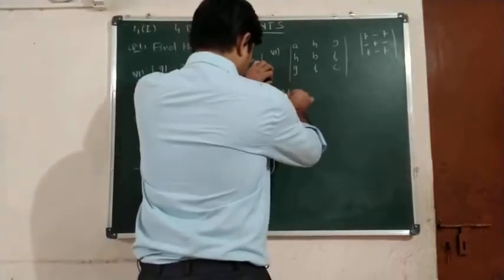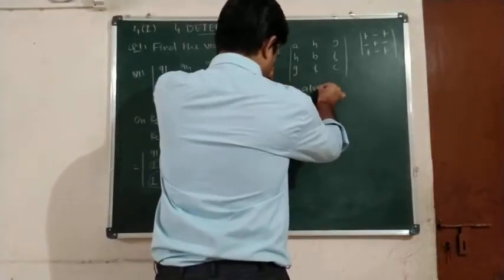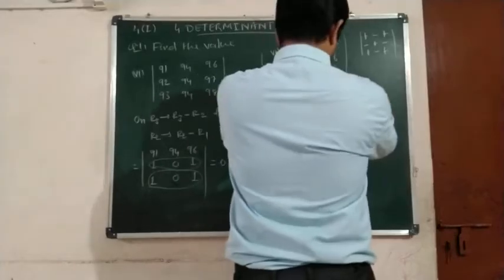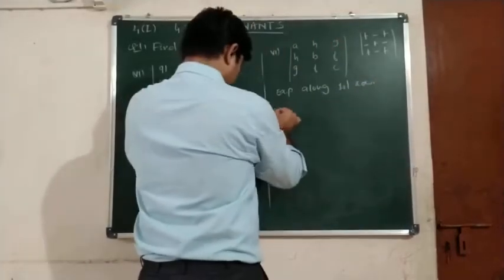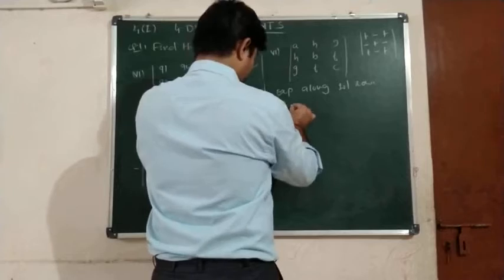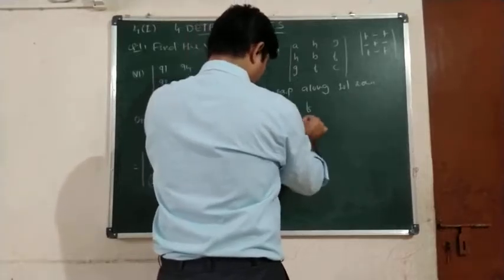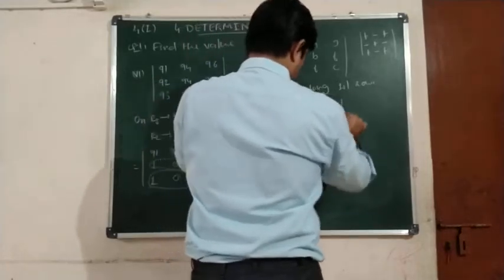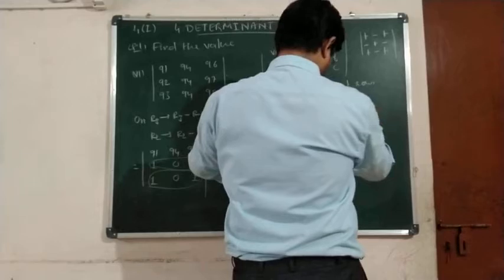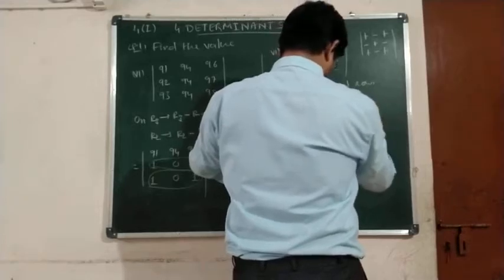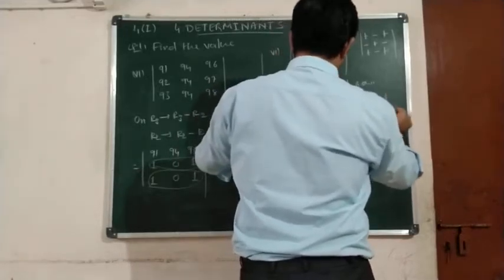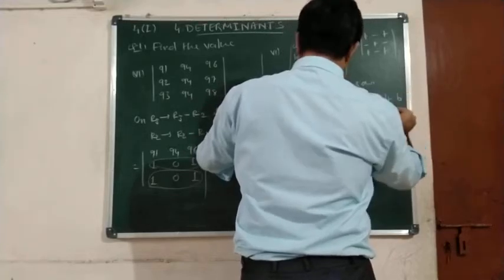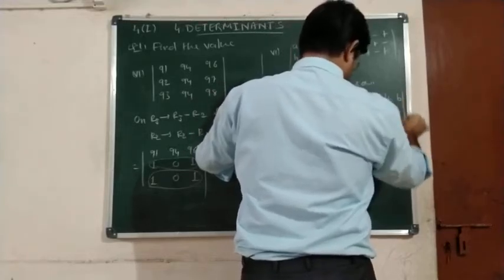So expanding along the first row, we get A(BC minus F square), minus H(HC minus GF), plus G(HF minus BG).